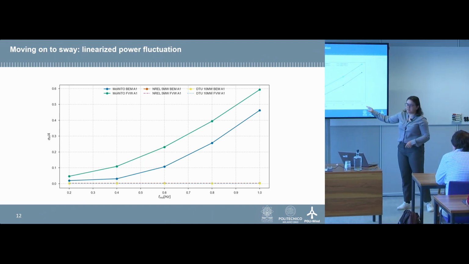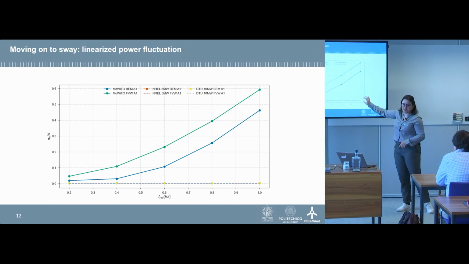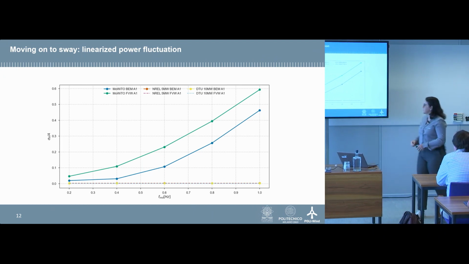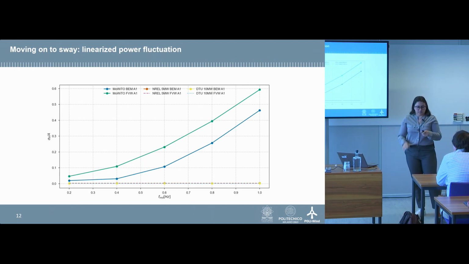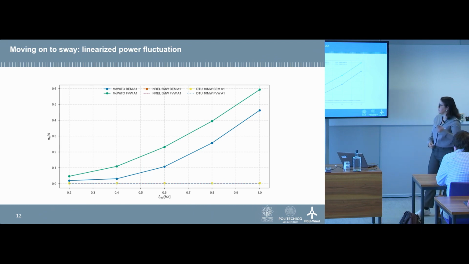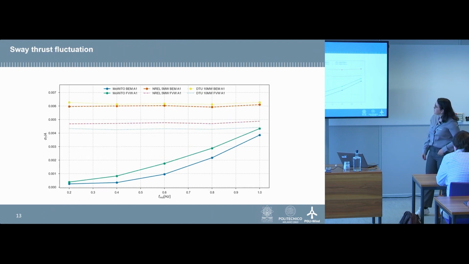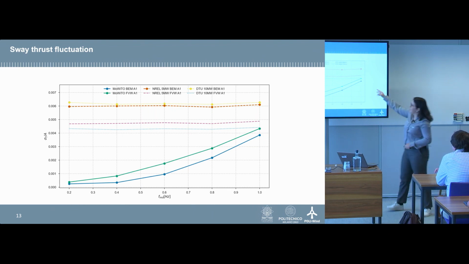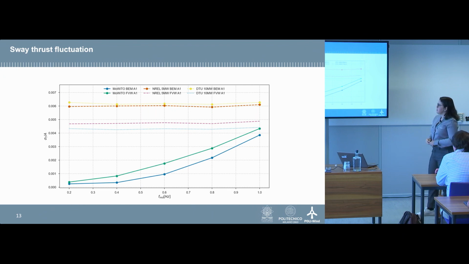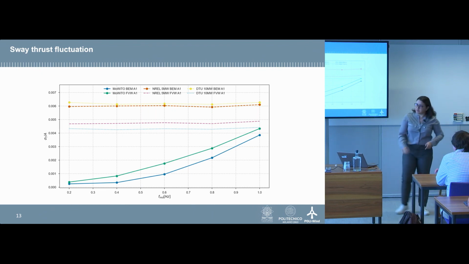However, I don't even need to zoom into the other big turbines because they show no difference in fluctuation when the frequency increases. In thrust, we see there's a higher thrust fluctuation for the bigger turbines, but again, it's not dependent on the frequency of the motion, which is different from what we see with MOITO.